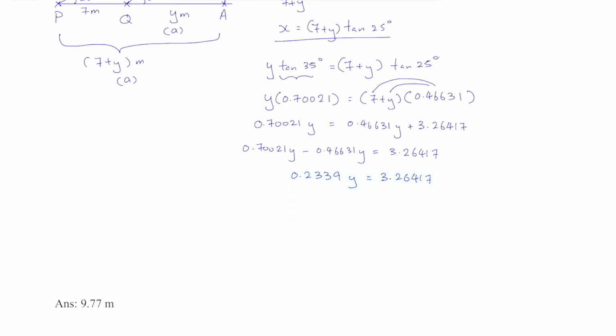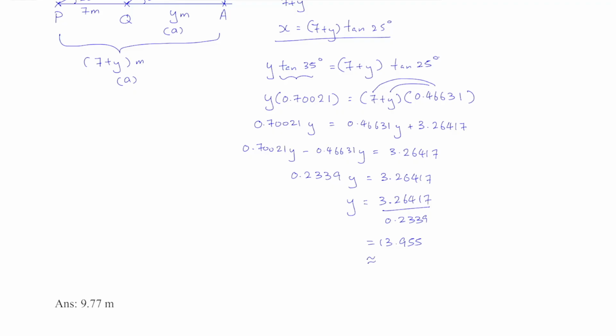Then we're going to continue. Y equals to 3.26417 divided by 0.2339. Okay, so 3.26417 divided by 0.2339 equals to 13.955.